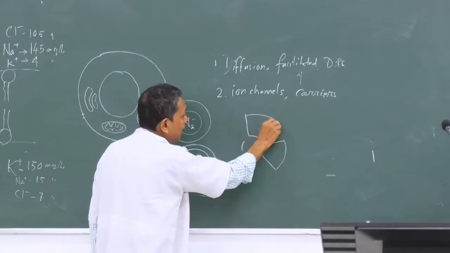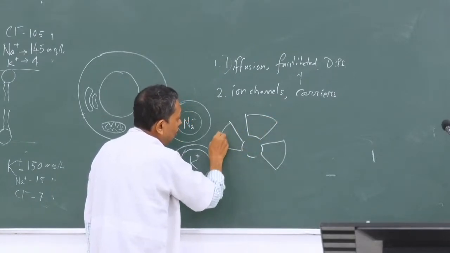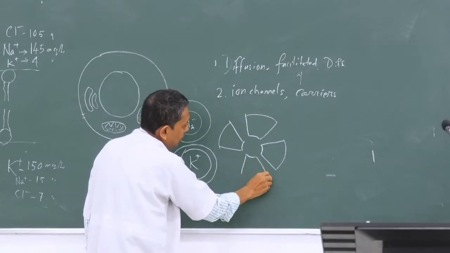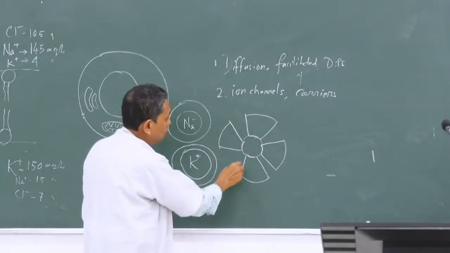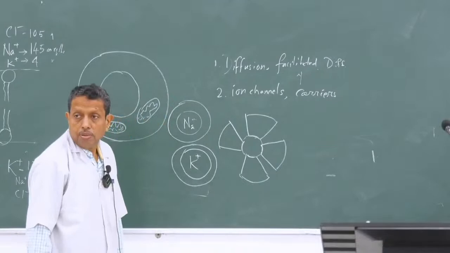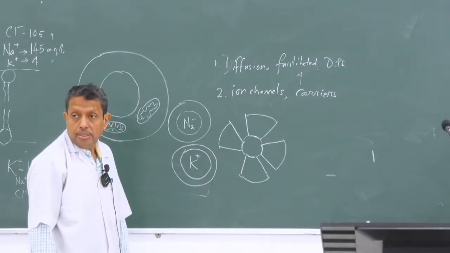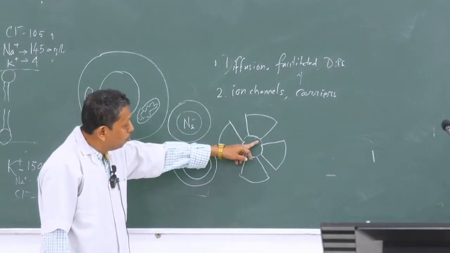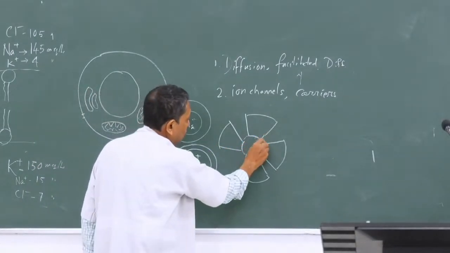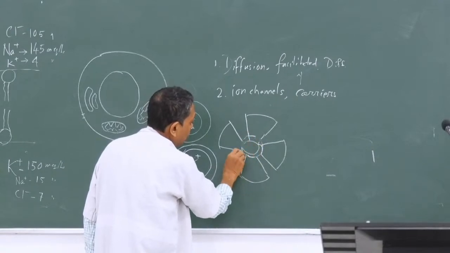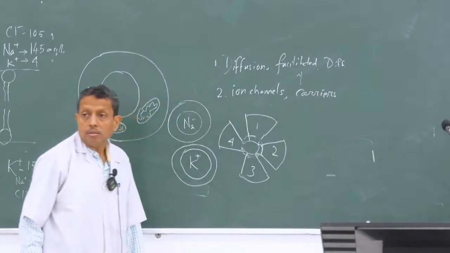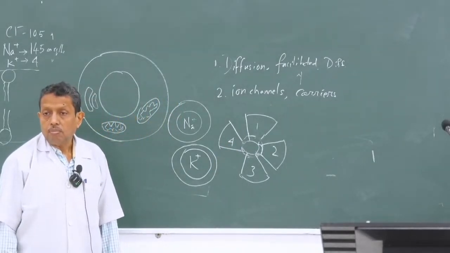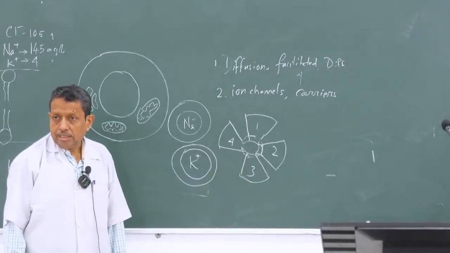They may be exactly similar, and they all take part in the formation of the pore. The subunits are disposed in this way so that they form the pore. They come together to form the pore: 1, 2, 3, 4. In this way they form it. They may be separate peptides in the case of potassium channels.